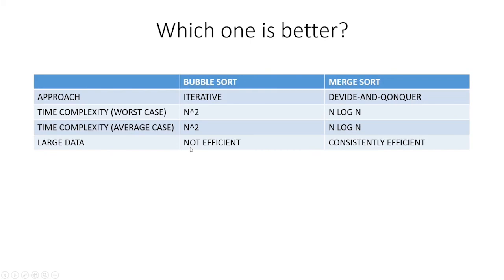But for bubble sort, if we have 1000 units of input, we will need over 1 million units of time or memory, because the average case time complexity is n squared. 1000 squared is 1 million. So that's pretty bad.